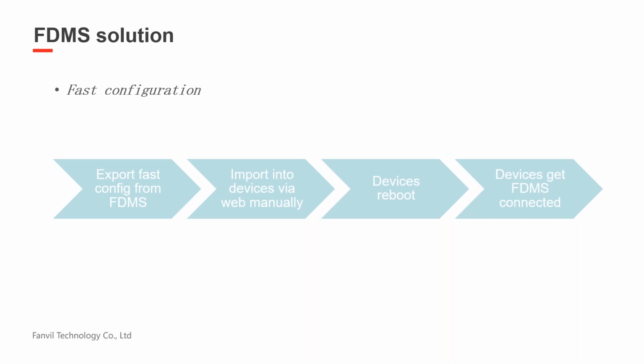After the device reboots or reinitiates, the device will get the FDMS TR069 connection, and then the FDMS will display the device information and status. Then you can continue maintenance and management for this device. Later, I will show you the most basic operation with our phones and FDMS.